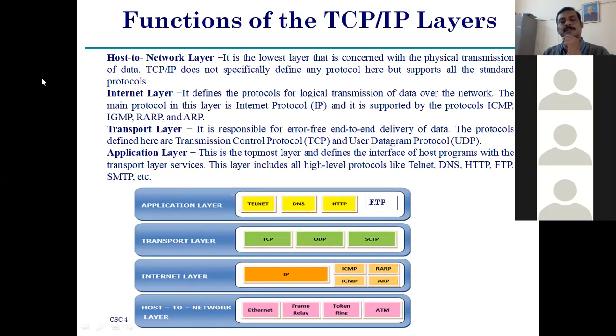In the OSI reference model the next layer is the network layer, which in TCP/IP is called the internet layer. The remaining data link layer and physical layer are called the host to internet network layer. This is one example of the TCP/IP protocol architecture.